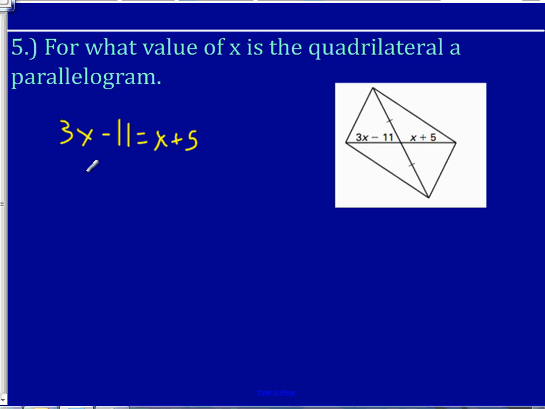All right, combine like terms. I'm going to put my x's over here, subtract x from both sides. So then I have 2x on that side, add 11 to both sides. So 11 plus 5 is 16. And x is going to equal 8.